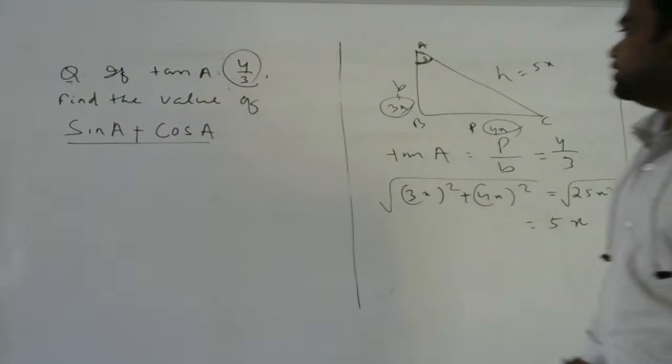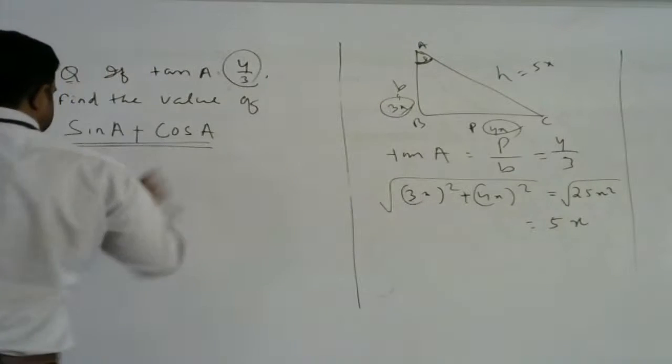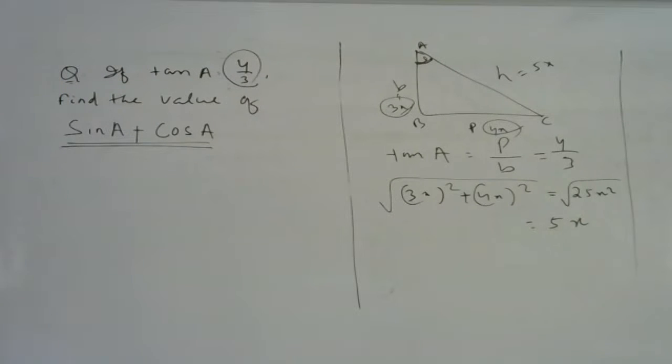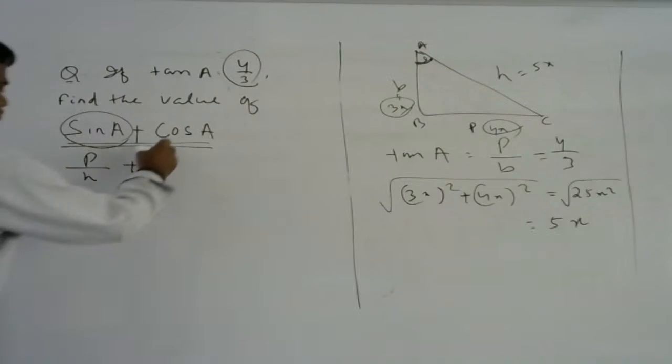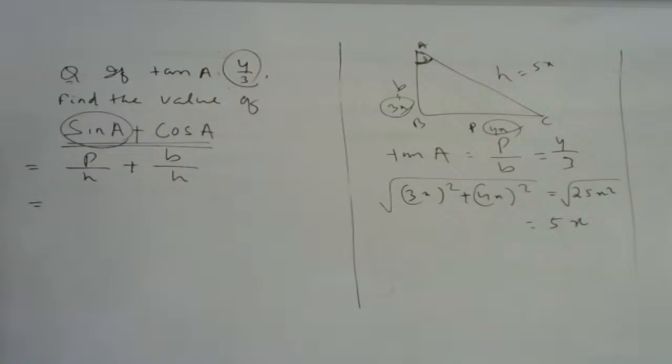Right. Now you have to calculate sin A plus cos A. So sin A equals P by H and cos A equals B upon H. What is P?